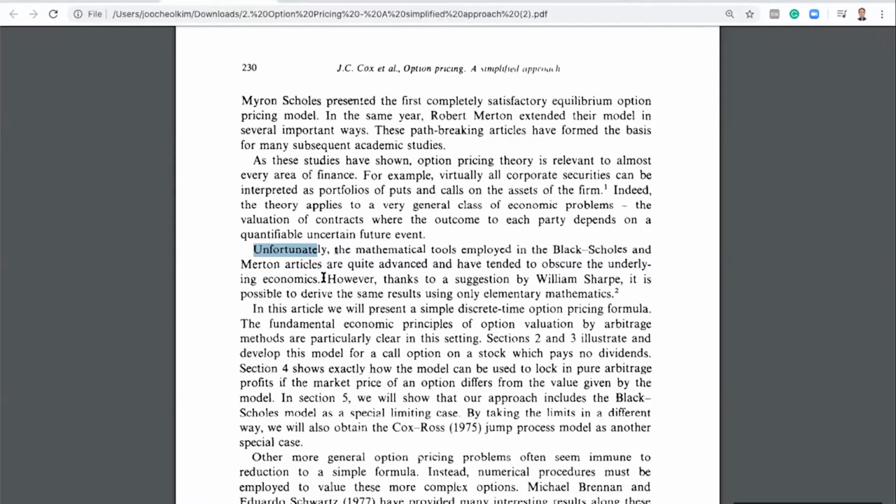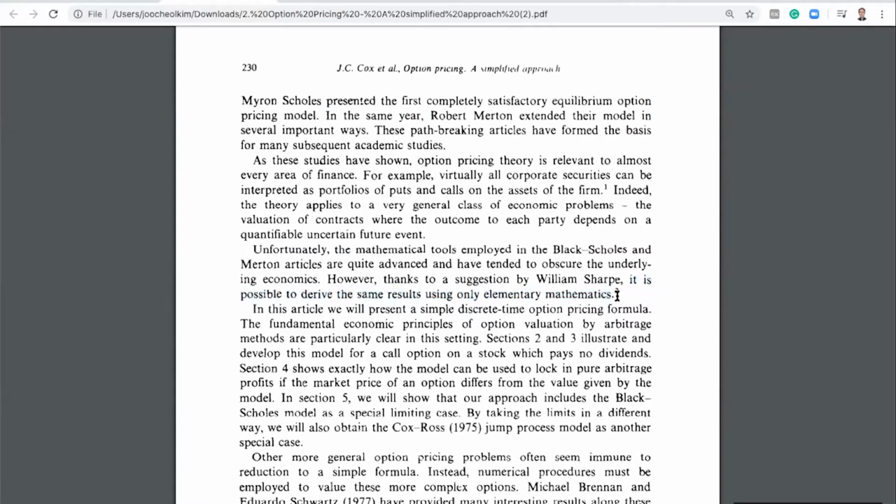Their model uses a lot of advanced mathematics, so-called Brownian motion, Ito calculus, and all kinds of things. But the reason I'm talking about this paper is that the authors, the CRR paper, skip all that advanced mathematics and just use some elementary mathematics. They said it is possible to derive the same result using only elementary mathematics.